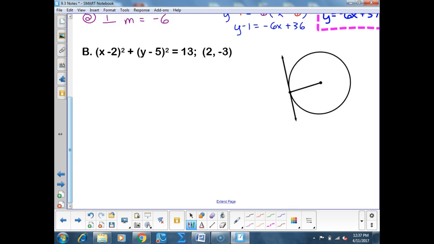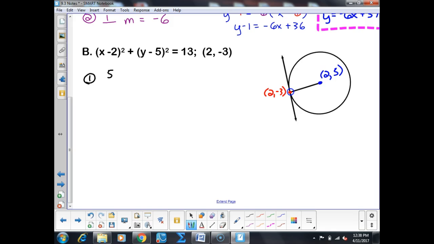So, first off, let's set it all up. Here's my point of tangency. That's the point (2, -3). Here's my center point. That's the point (2, 5). So first thing I need is the slope between those 2 points, right?